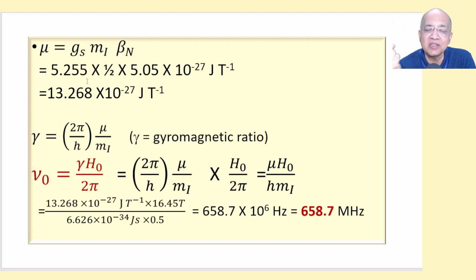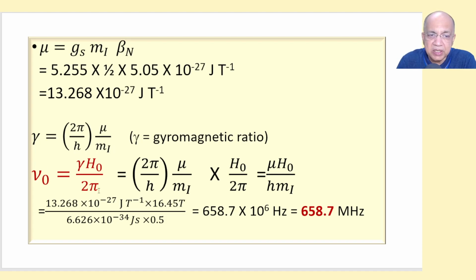Once you multiply it with the magnetic quantum number and the nuclear magneton, that becomes the actual magnetic moment in joules per Tesla. I was missing that particular term: the g factor is sometimes called a unitless magnetic moment, 5.255 for the fluorine-19 nucleus. And finally, we got this value, 13.26 times 10 to the power negative 27.